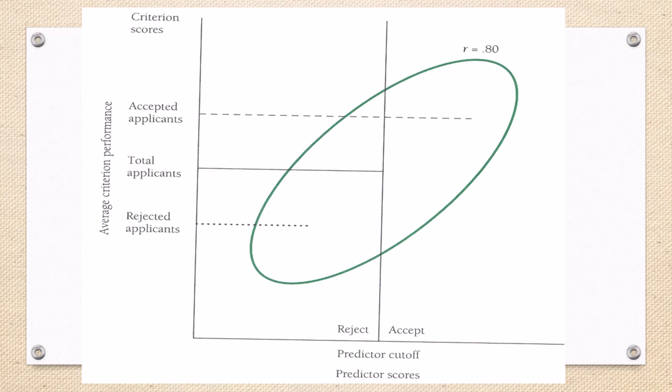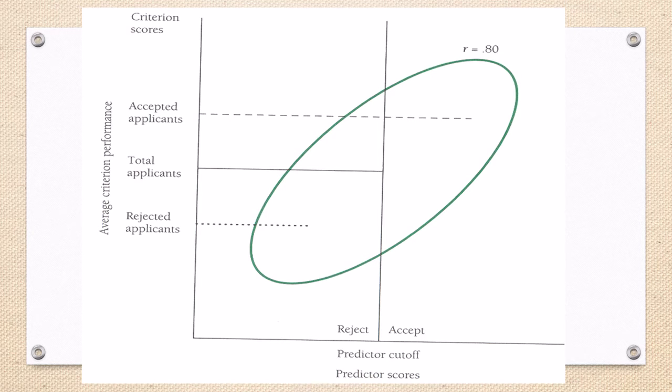You can see that the applicants who are accepted on the higher end of the predictor have a higher average performance, the dashed line on top, than the rejected applicants who have an average performance much lower, the dotted line on the bottom. But as you can tell, this is not perfect.